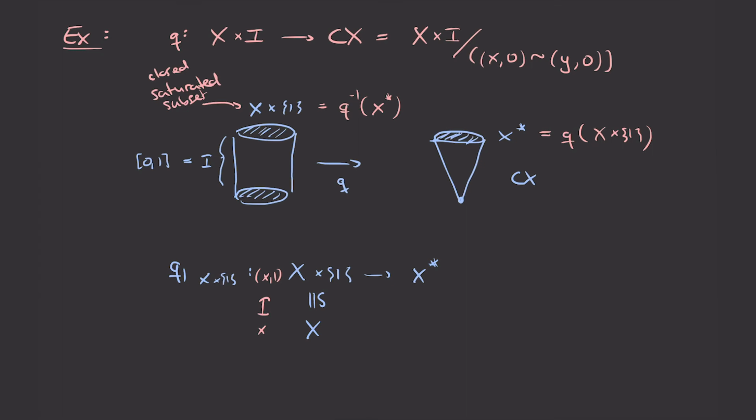Now if you recall the definition of subspace topology, the open sets in the subspace topology are just intersections of open sets of the larger space with the subset. On the other hand, the open subsets of this space here are given as products of open sets of X with open sets of I, but because we're in the end intersecting with X times a singleton, the open sets of I kind of don't matter for what the open sets of this subspace are.